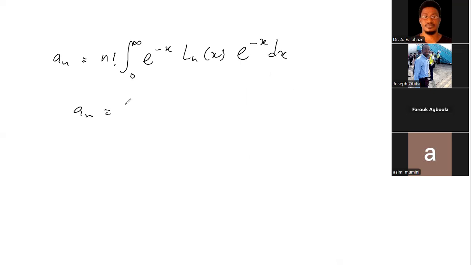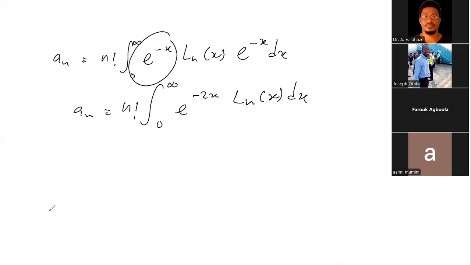Then an will be the same as n factorial integral 0 to infinity, because we now have e to the minus x and minus x, then Ln of x dx. And when we compute these integrals, then we can literally come up with some expression. Okay, so you can do this, for instance, when estimating this.